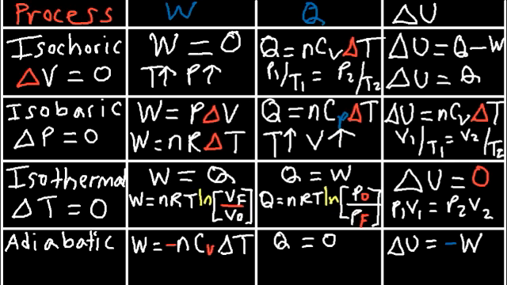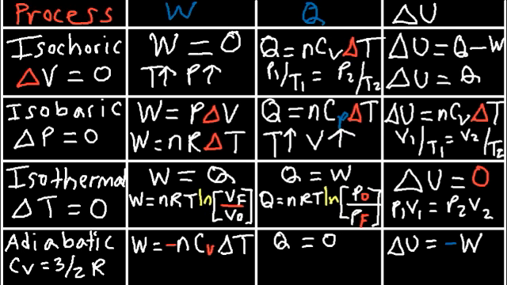Now there are some other equations associated with this process. And I'm going to add that throughout this video. But something that you need to know is that CV for a monoatomic gas is equal to 3/2 times R. And that's true for any of these processes. A monoatomic gas is simply a gas that contains one atom.